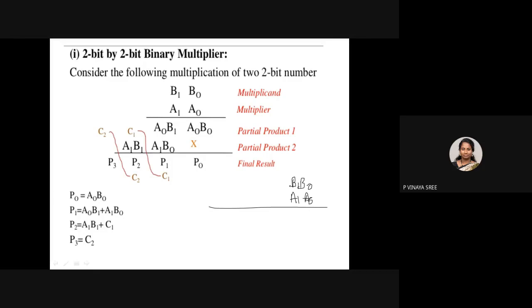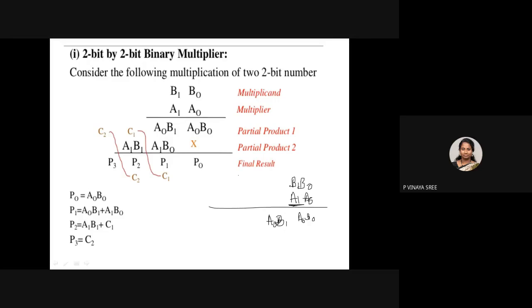According to your knowledge, everyone knows this has to be multiplied with B0 and B1. So I am writing A0 multiplied with B0. Next, A0 multiplied with B1. Next, A1 has to be multiplied with B0, and A1 with B1.